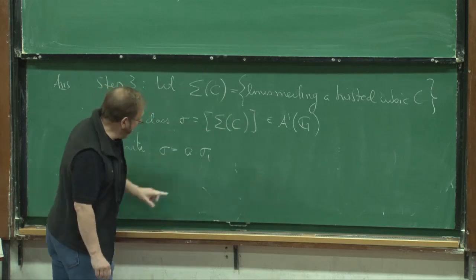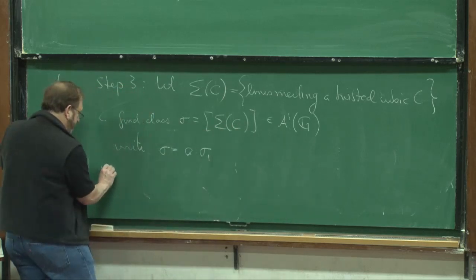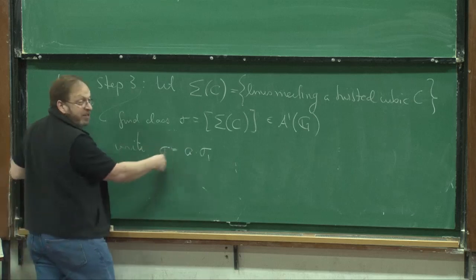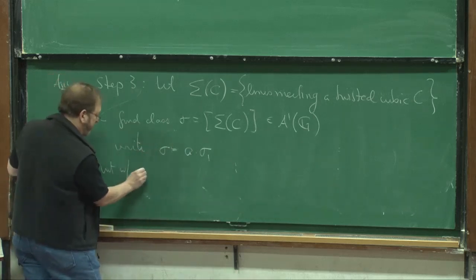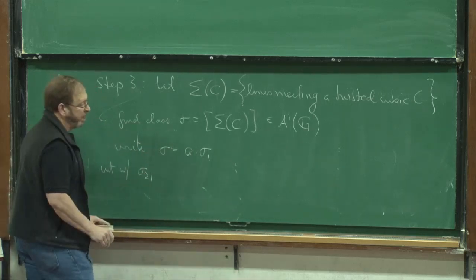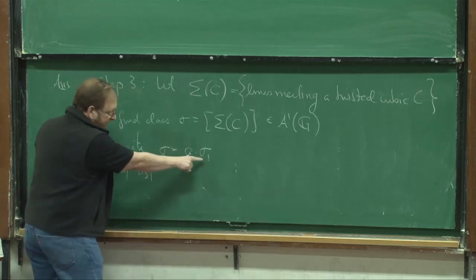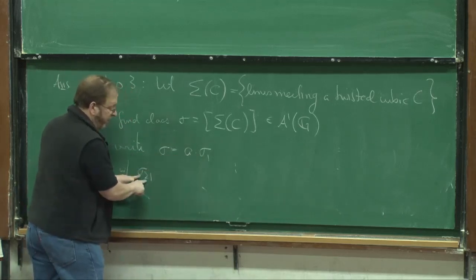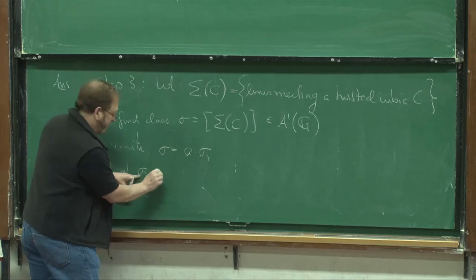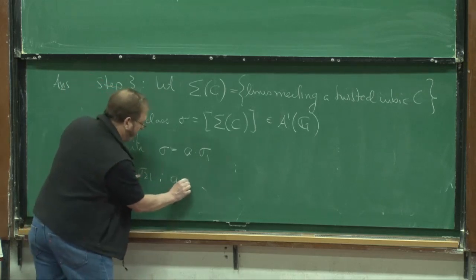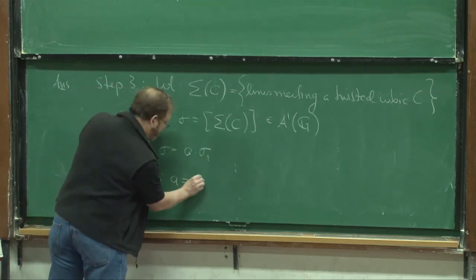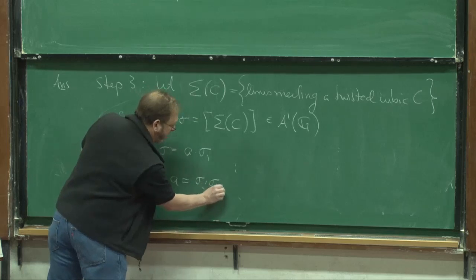How do we calculate A? We intersect both sides with the cycle in complementary dimension, sigma 2,1. On the one side, sigma 1 dot sigma 2,1 is just 1. So the conclusion is that A, the coefficient, is just the intersection number of this class sigma with sigma 2,1.